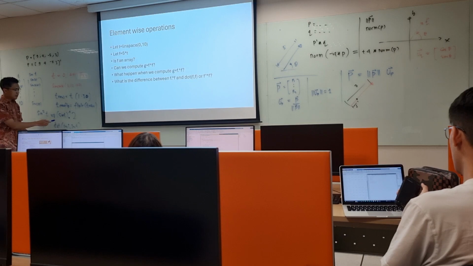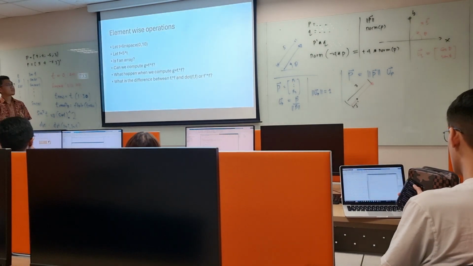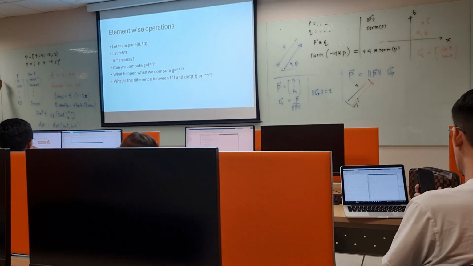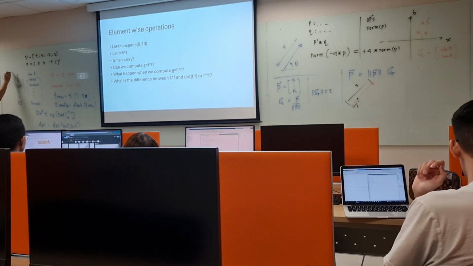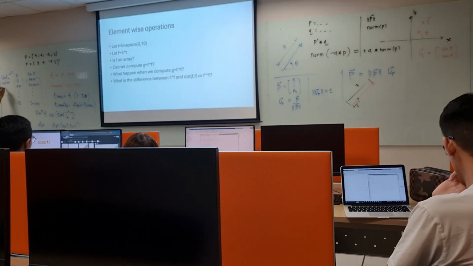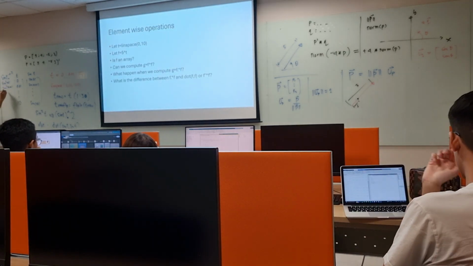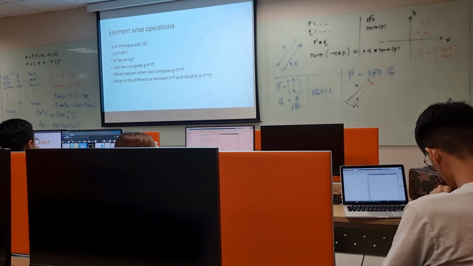But if you do this, the result is a vector. So what happened with sine t dot square? What you have is sine square 0, sine square all the way up to here.